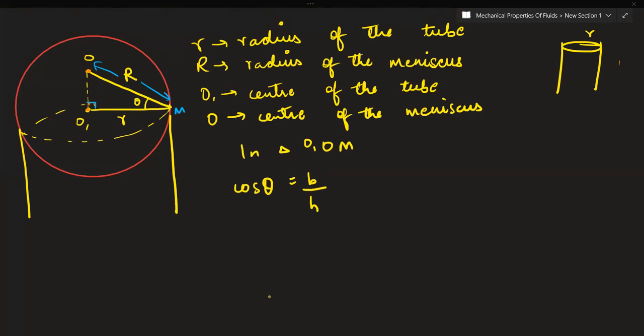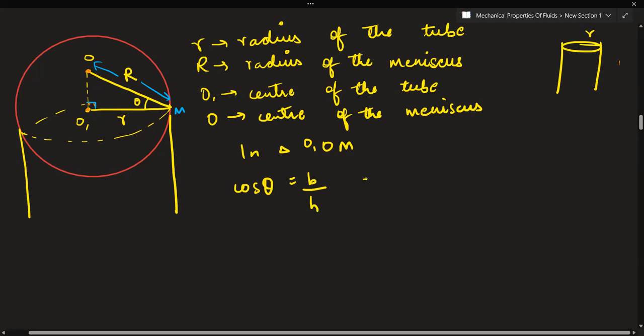The adjacent side to the angle is known as the base. And the third side is known as the hypotenuse. So since the base is this line, this is small r. Understood? So cos theta would be small r divided by the hypotenuse of this triangle, which is capital R.